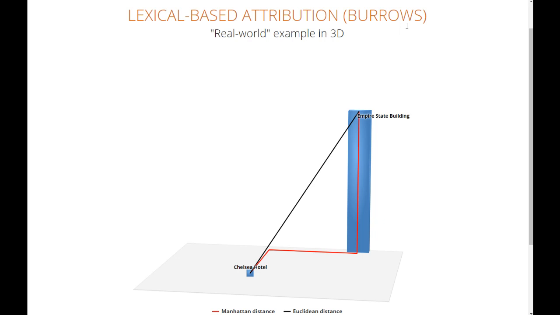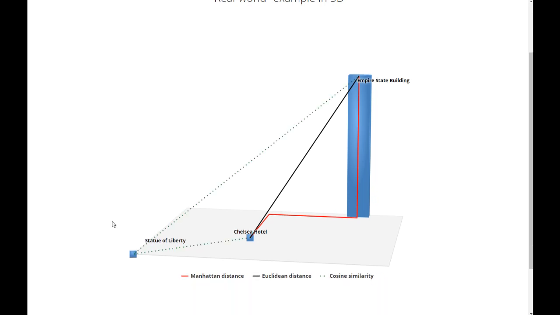We have a Euclidean distance, which may easily be calculated using the Pythagorean theorem. Once again, we first use the Pythagorean theorem to count this distance, and then we have a new triangle. So it's simple mathematics. Finally, there's somewhere the Statue of Liberty and a guy watching at some angle once again.